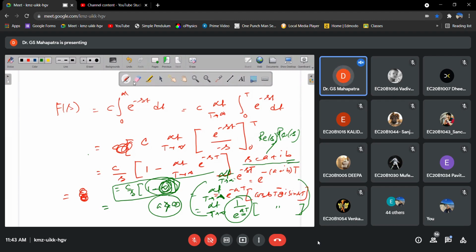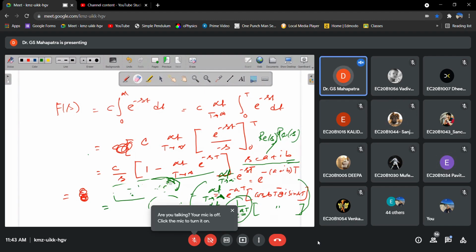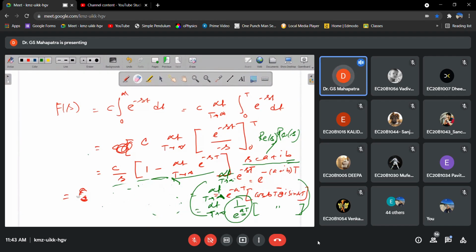Okay, so I understood now. Clear in this part? Yes, sir. So now this limit exists with a real value if this condition holds. What is that? The real part of s should be greater than 0, that means a should be greater than 0.